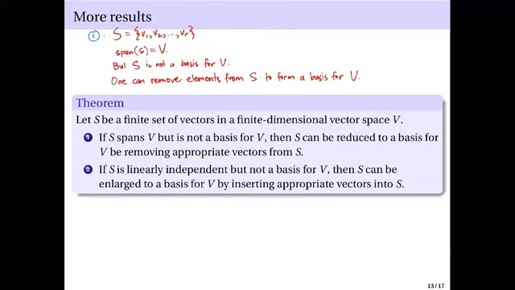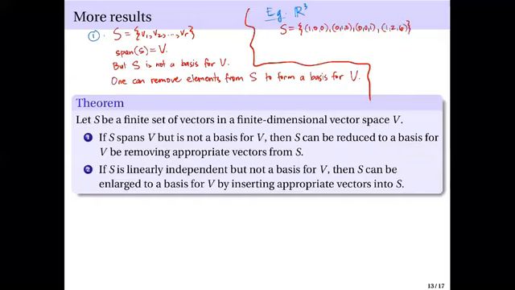For example, let's look at this. Again, let's look at R3. So let S be the set containing the vectors 1, 0, 0, 0, 1, 0, 0, 0, 1, and then you have here 1, 2, 6. Okay?